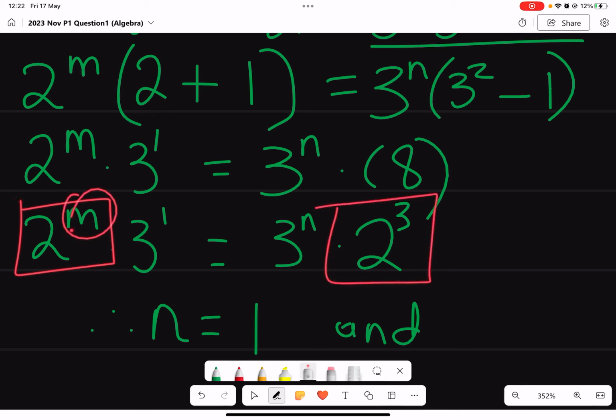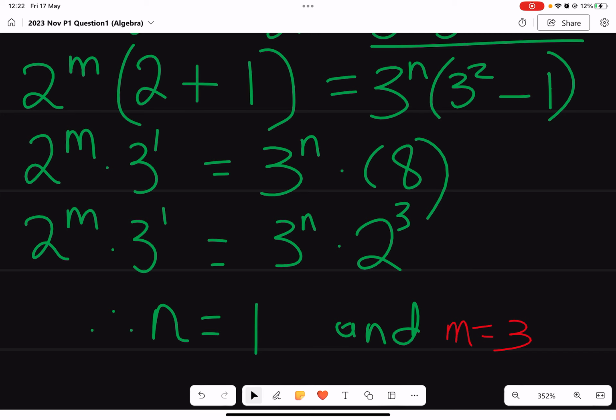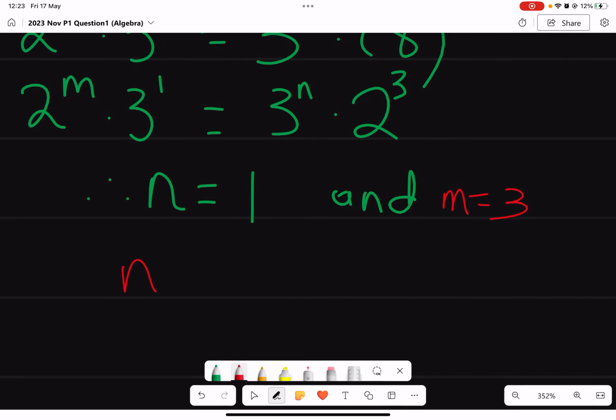It means the m must be equal to 3. So you're going to say, okay, m is equal to 3. And then they wanted us to get n plus m, right? N plus m or m plus n, which is the same. N is 1, m is 3. So the sum of m and n will be 4. And that's it with question 1, ladies and gentlemen.